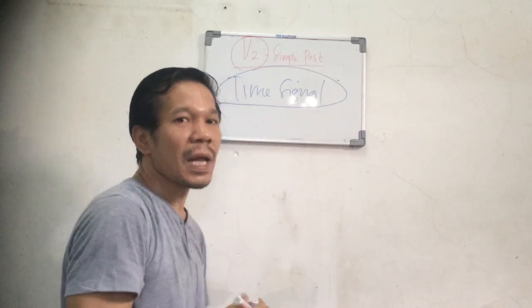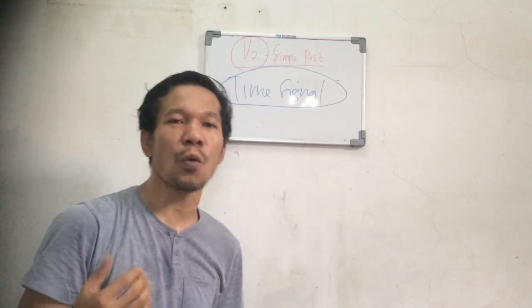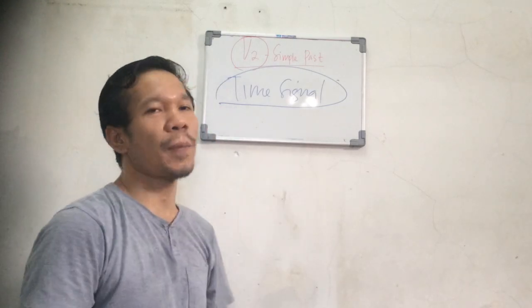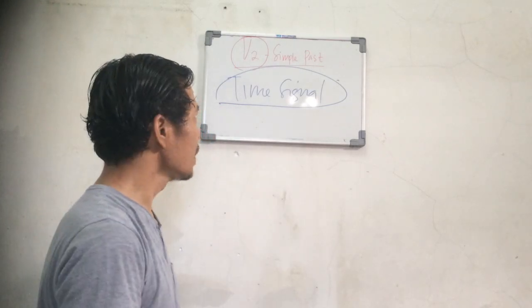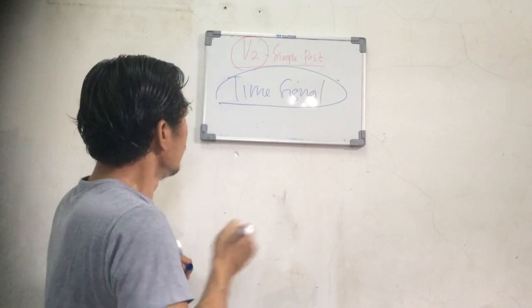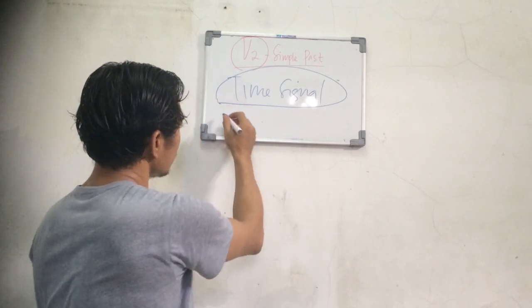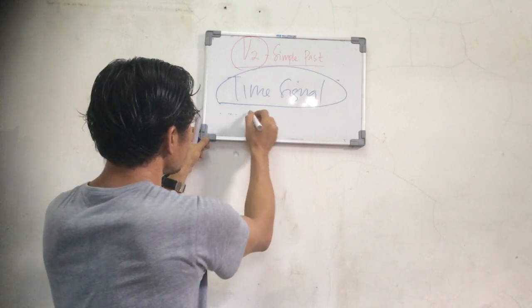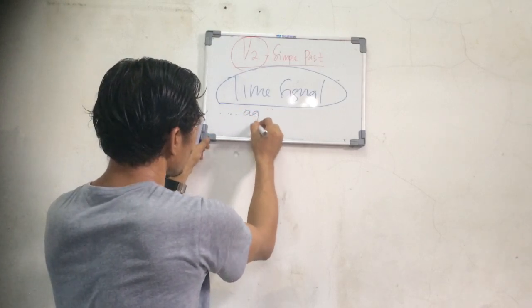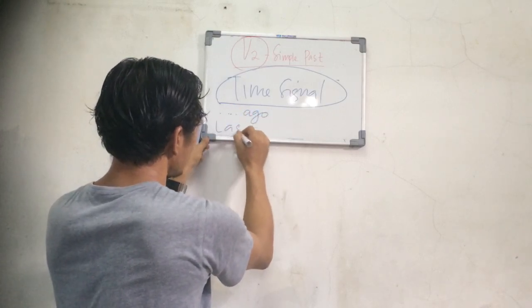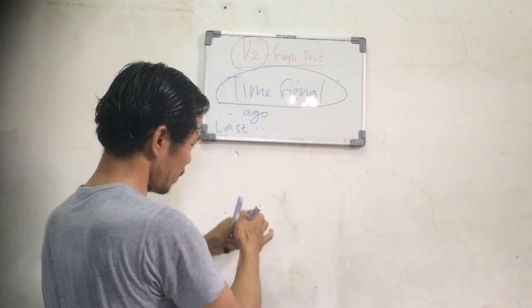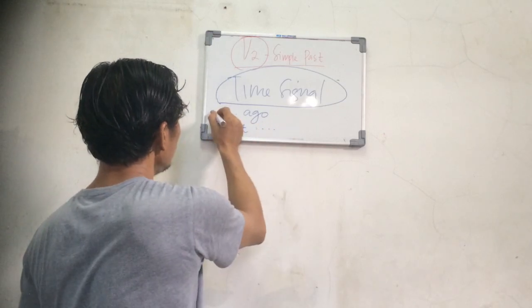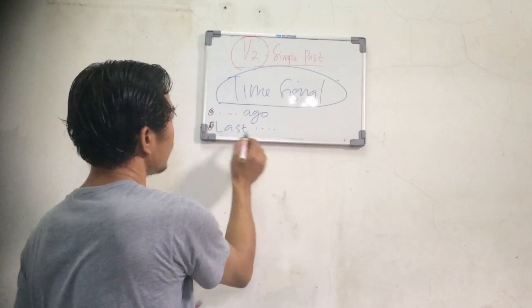The time signal is very important in simple past sentences, right? Commonly we use these two words: ago or last.